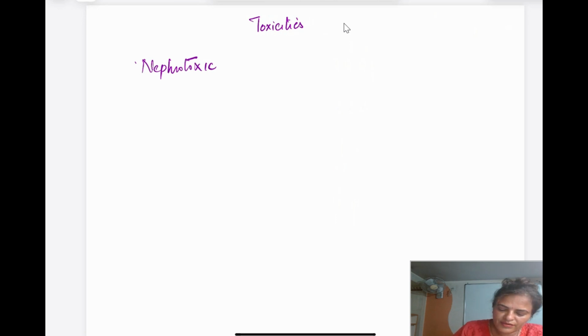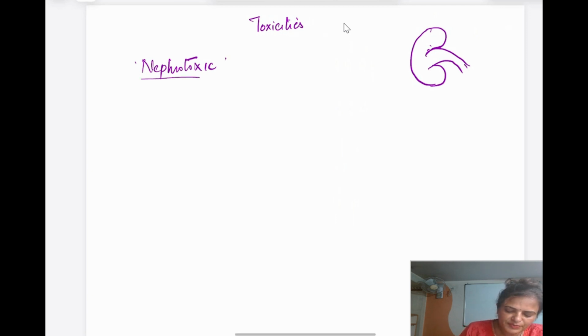The renal cortex is where the tubules are. If the tubules are affected, then the concentrating ability is reduced. Then with low GFR, there will be casts, and albumin will also be lost in the urine. This nephrotoxic potential is also reversible.